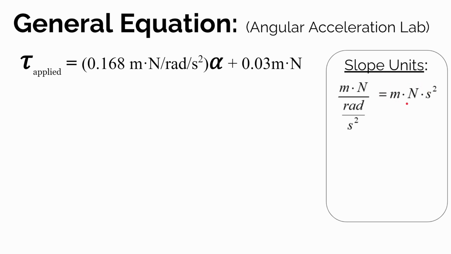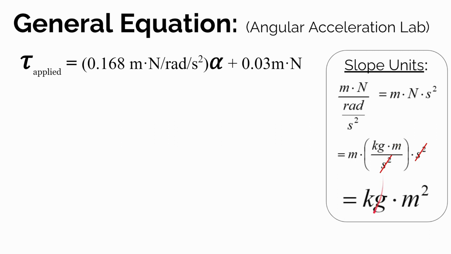Now remember that newtons can be expanded because a newton is equivalent to a kilogram times a meter divided by second squared. So we've got meters times kilograms times meters divided by second squared, all multiplied by second squared. So we can simplify a little bit by canceling out the second squared, and we get meters times meters, and our slope units simplify to just kilograms times meter squared.